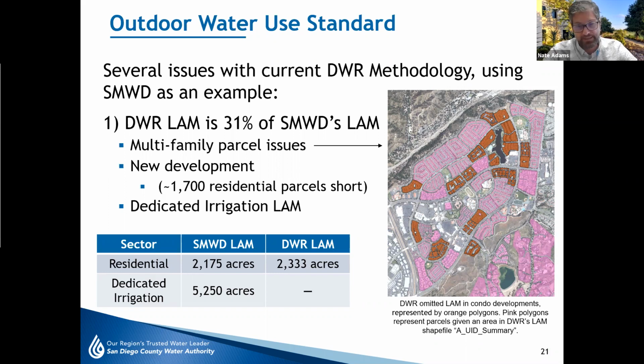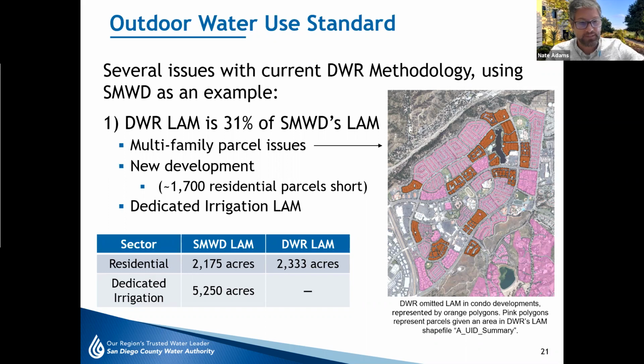Now, I will admit that DWR's charge here is really just to give us the residential landscape area measurements. So if you look at that first line, what I know we have of just over 2,000 is pretty close to what DWR has provided me. However, and here's the bummer part, there are two things going on.